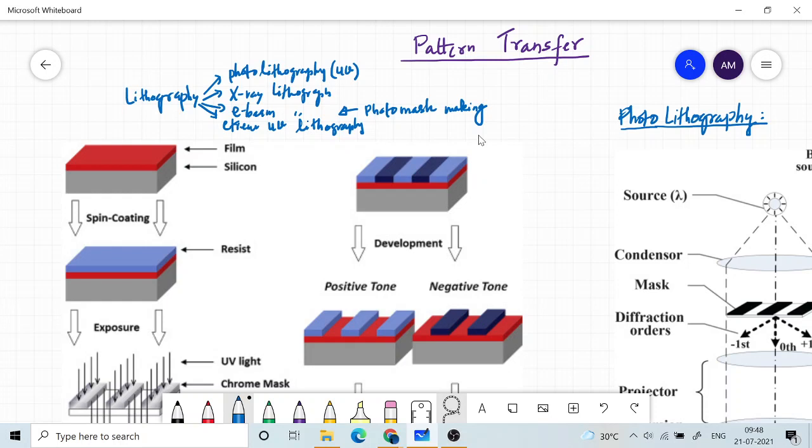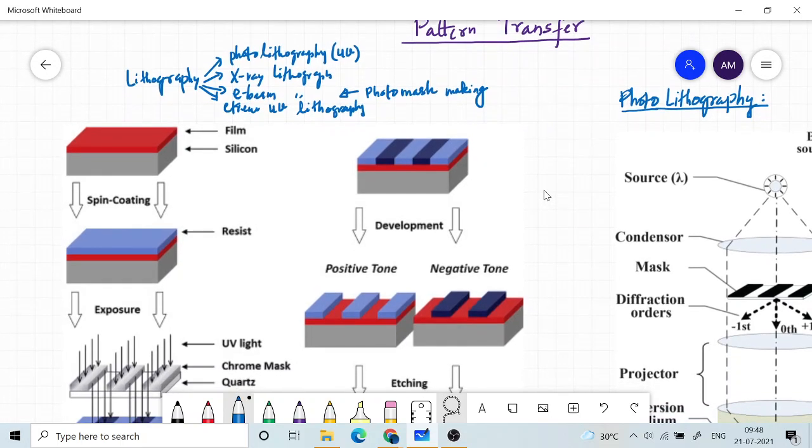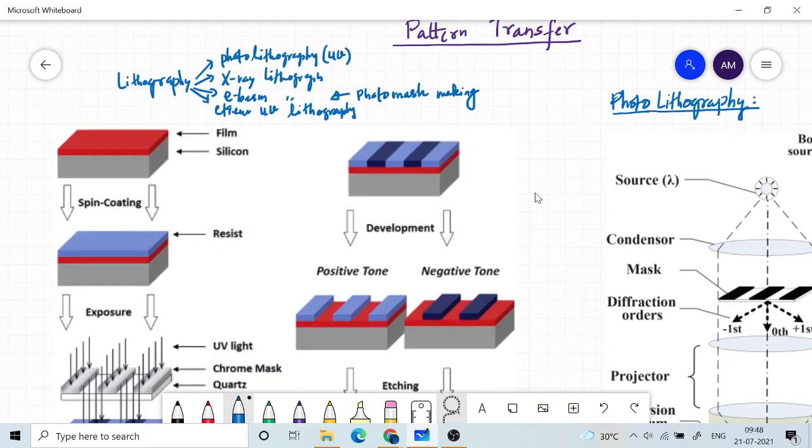All of these use some form of electromagnetic radiation, whereas E-beam lithography makes use of electrons which are energized. So these are the different versions, but what is most popular and mostly used is photolithography or UV lithography.